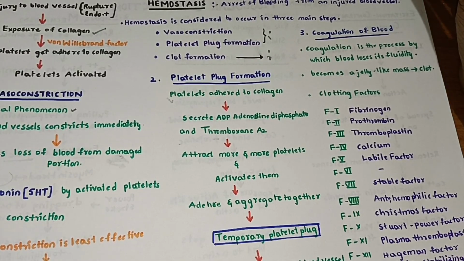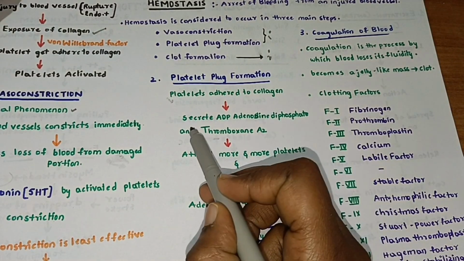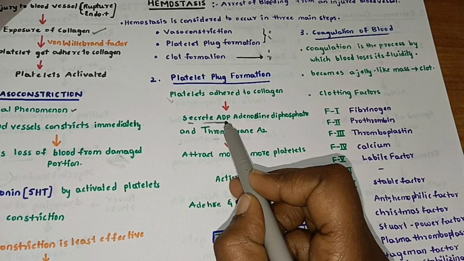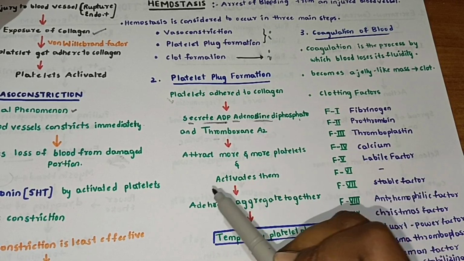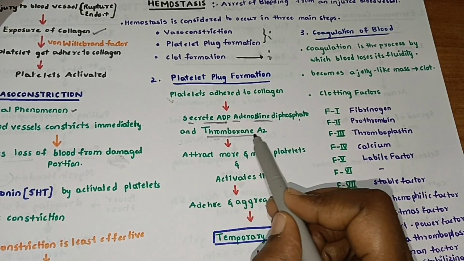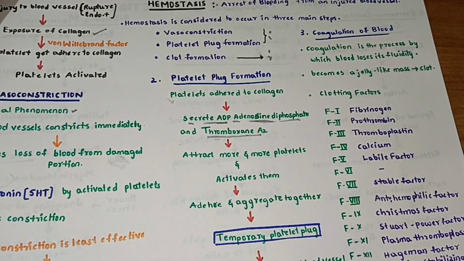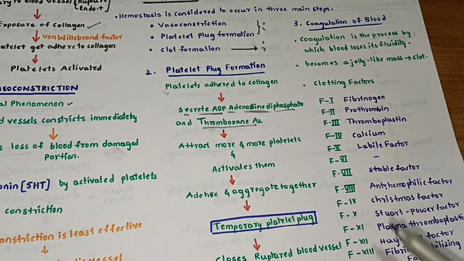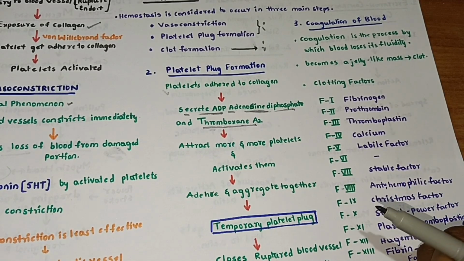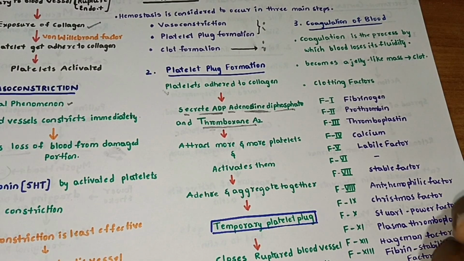Platelet adhesion to the collagen: the platelets get attached to the collagen, then secrete ADP, adenosine diphosphate, and thromboxane A2. Whenever ADP and thromboxane A2 are released, they attract more and more platelets and activate them.